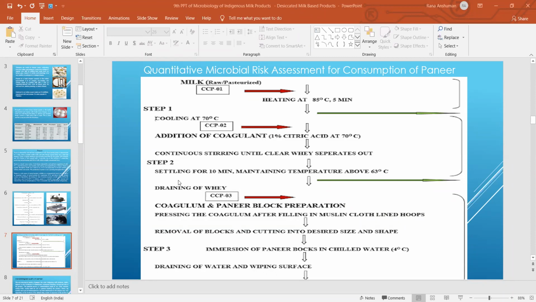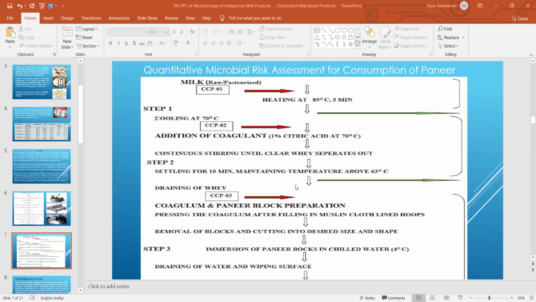And thereafter, at the time of settling, you have to drain whatever waste is produced during the manufacturing process. At that time, coagulum and paneer block preparation will be done.